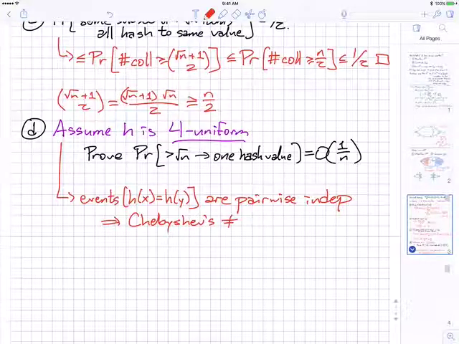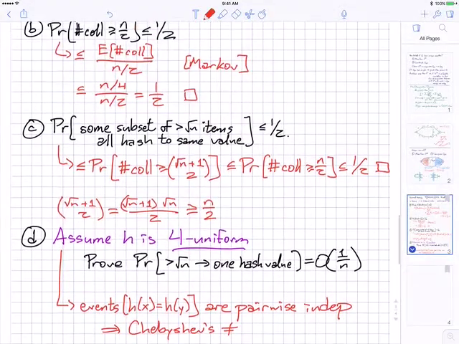That means a pair of collisions involves 4 different items. And so I need to know that knowing what these two hash values are and knowing what this third hash value is doesn't give me any information about what the fourth hash value is. That's what 4-uniform means. So only then can I conclude that these 2 pairs of pairwise collisions are actually independent from each other.